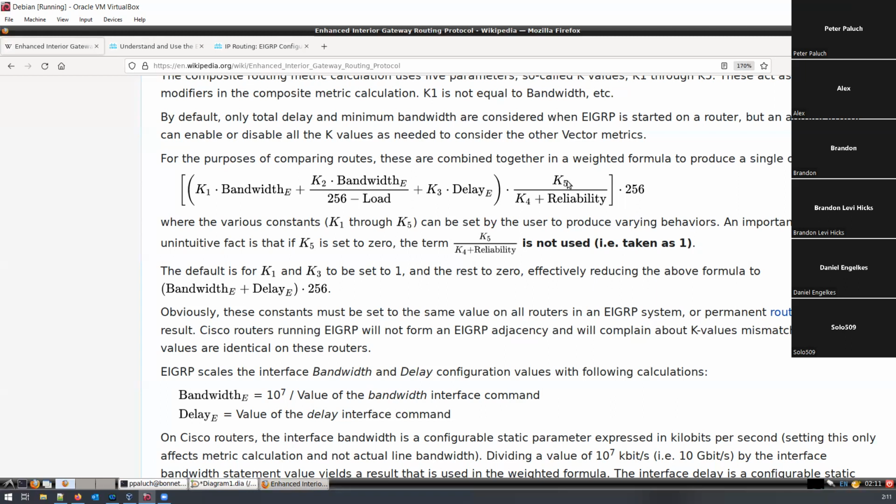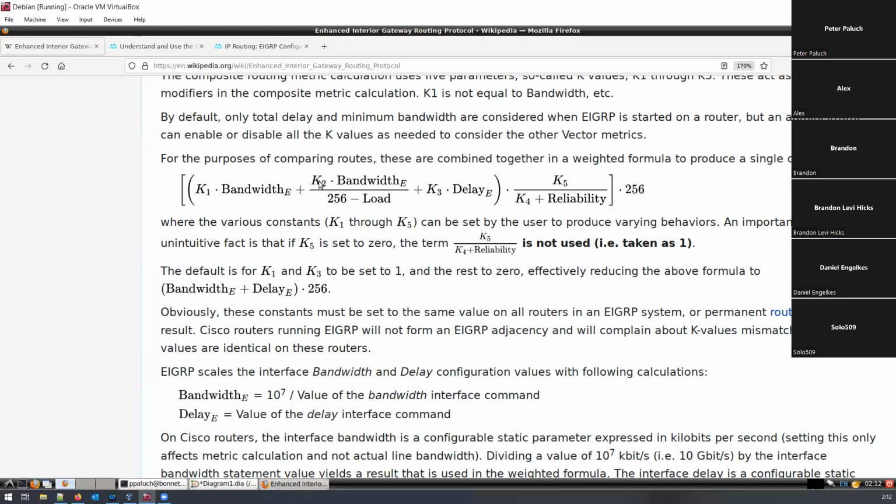By tweaking them, you can change how strongly each of these parameters influences the overall metric in EIGRP. So K1 influences the importance of bandwidth. The higher the K1 is, the more impactful the bandwidth changes will be to the overall computed metric.